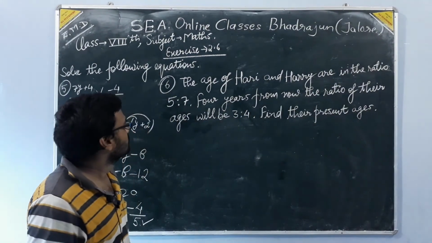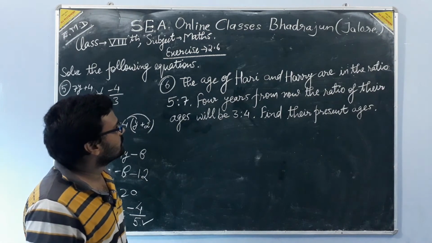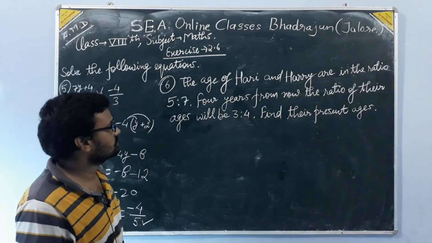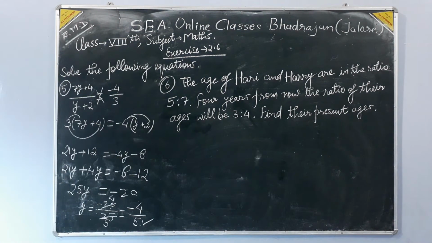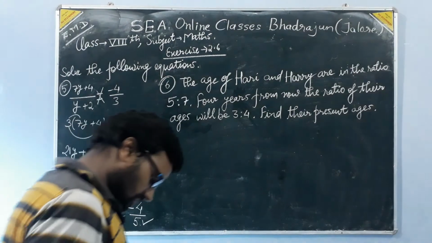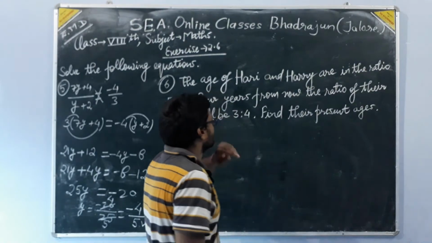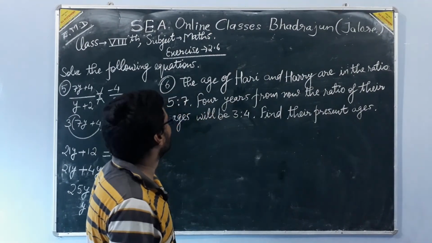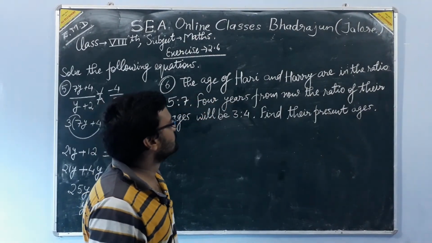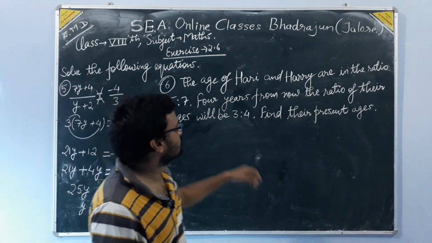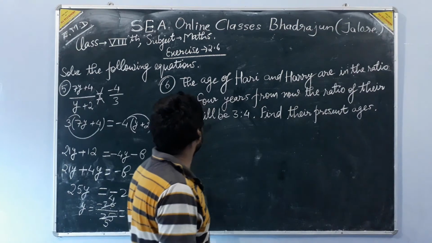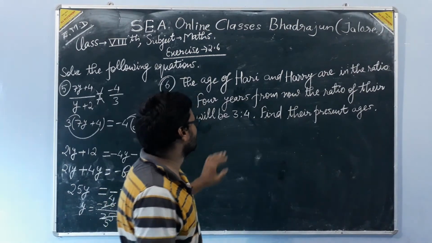Okay. The ages of Hari and Harry are in the ratio 5:7. Question is what? 4 years from now the ratio of their ages will be 3:4.